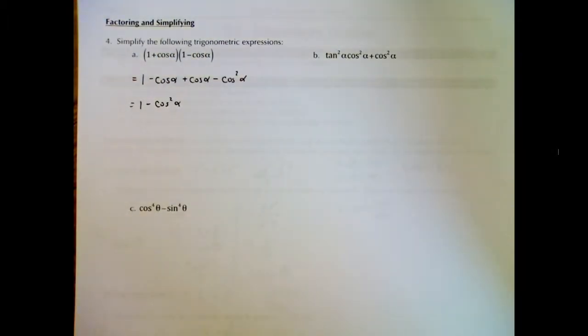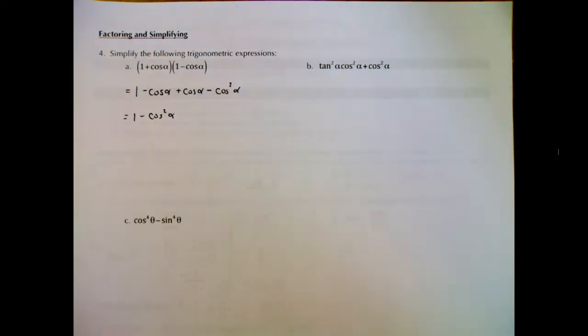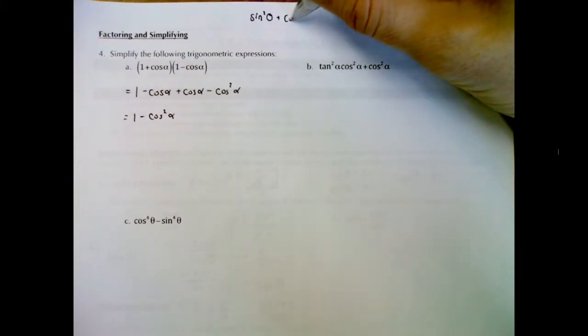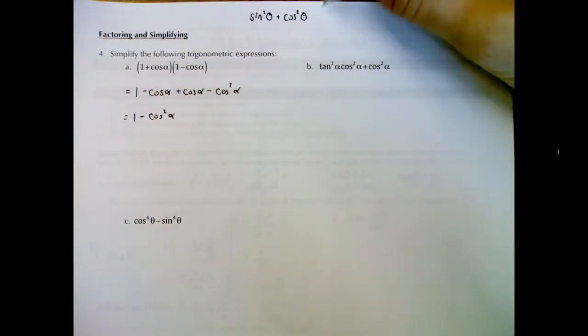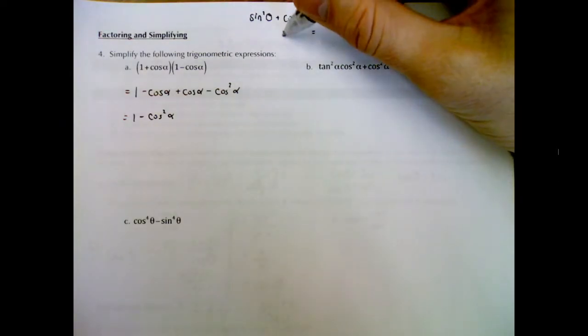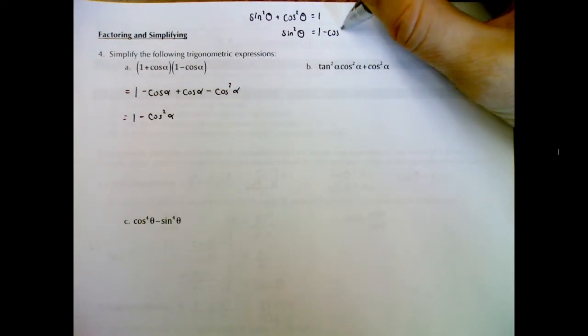And that might look simpler, but also there's something else we can do. If you remember the Pythagorean identity from the first page, sine squared theta plus cos squared theta equals 1, we can rearrange this to make it look like this. How would I do that? Well, I'd move the cos to the other side, and I'd end up with sine squared theta equals 1 minus cos squared theta.